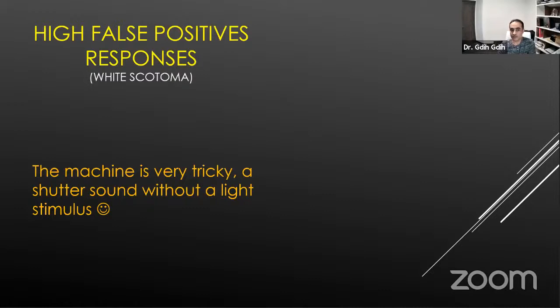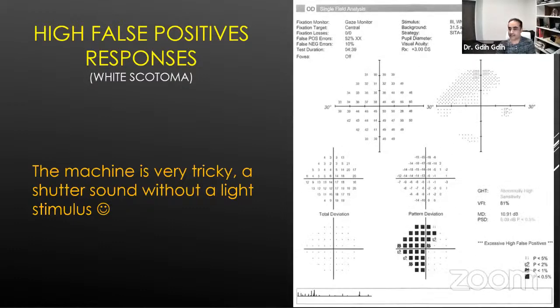When you ask the patient, when they have white scotoma, why you keep on clicking? They say, oh, because I hear the sound. So you go back and explain to them, do not respond to a sound, but respond to a light stimulus. That's why the machine will test the reliability in different ways. It will test if they are going to respond without seeing anything by sending that sound.